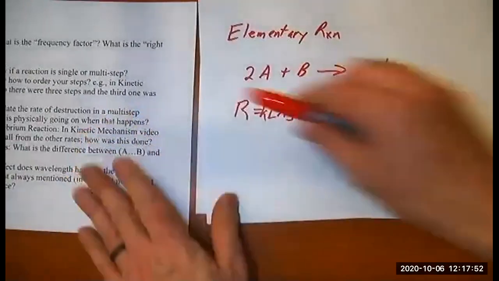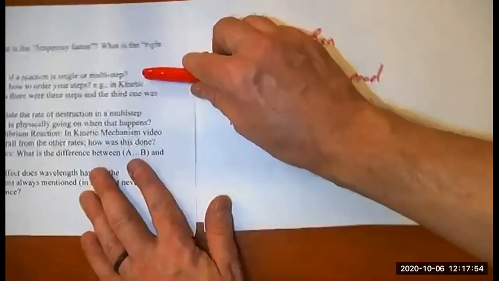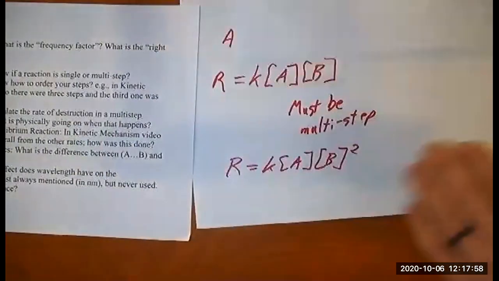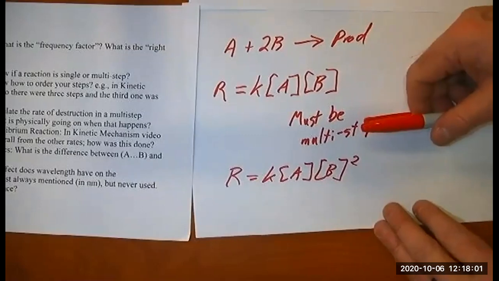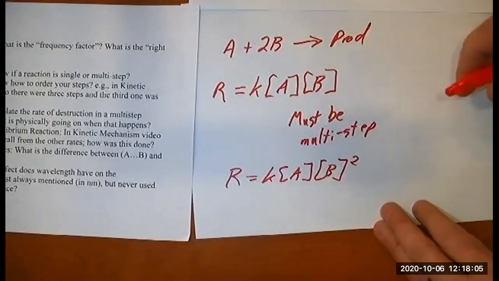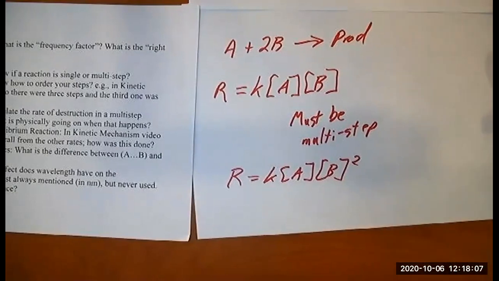So, how do we know if a reaction is single or multi-step? Well, in the context of a problem, you could be told it's single step, you could be told it's multi-step. You could be given a rate law or given data to determine a rate law, and then from that you could determine it must be multi-step, or it might be single step but might not, we can't tell.